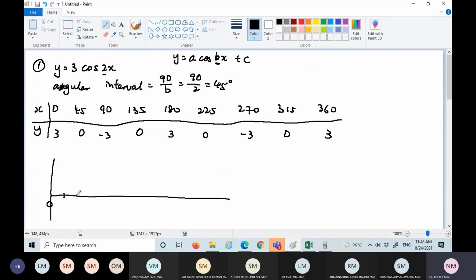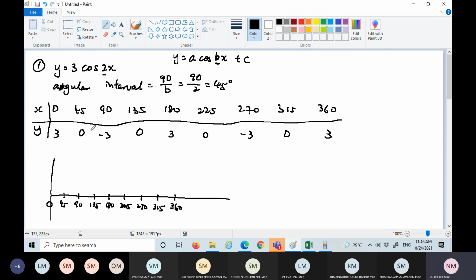You say this is 1 centimeter or what? Okay. Make sure this is equally sized. So this is 45, 90, 135, 180, 225, 270, okay, 315, and then last one, 360.